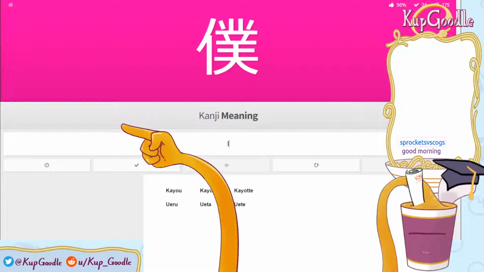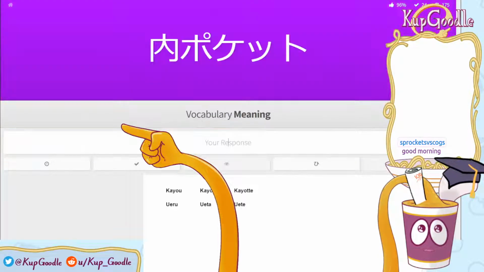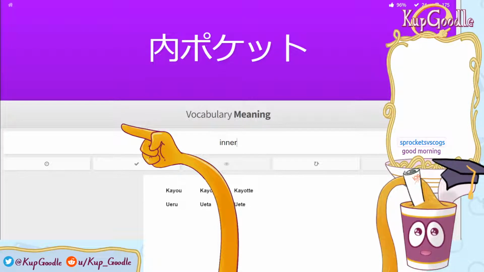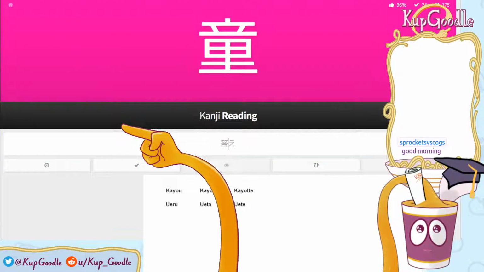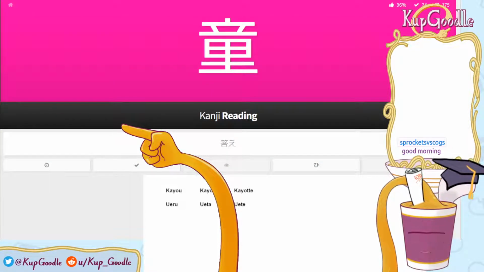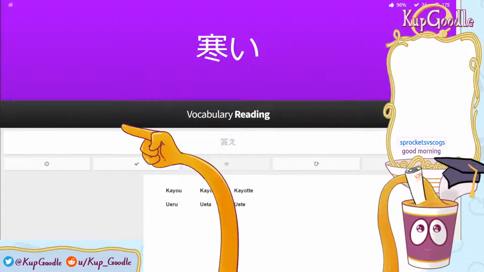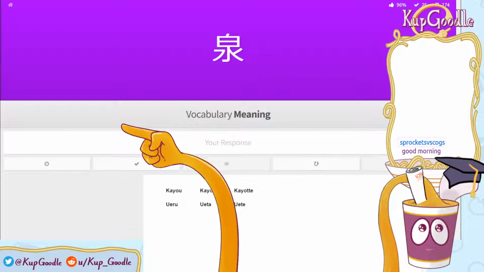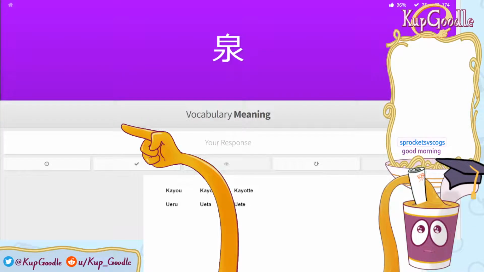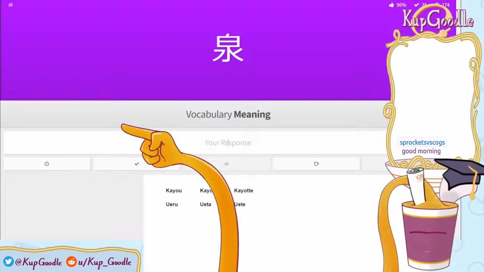I. Uchi poketo is your inside pocket, your inner pocket, like the inner pocket of a jacket or a coat, or a backpack. Youth. Samui. Izumi is a spring or a fountain.